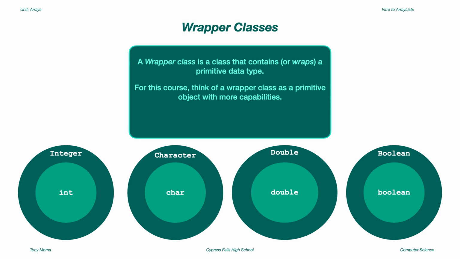Wrapper classes, however, do have those things, and it allows us to be able to do things with them that we otherwise would not be able to do with the primitive data type. However, they do take up memory and can be a little more time consuming to use, so we typically don't use them unless we need to. And in the case of working with ArrayList, we do need to because ArrayList cannot store primitive values, but they can store the wrapper classes that correspond to those primitive values.